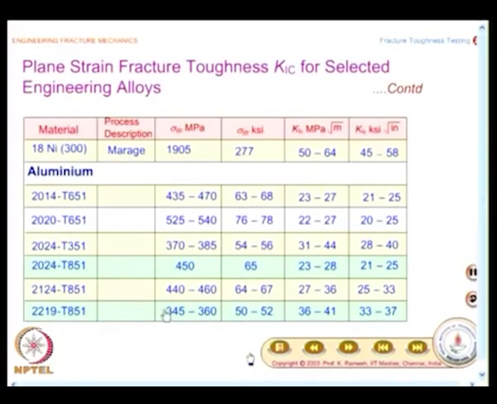So, you take up another category of aluminum. If you look at 2020, which has the highest value of yield strength, 525 to 540, there is no great change in the fracture toughness, it is 22 to 27 MPa root meter. For each category of material, you have to find out the fracture toughness.